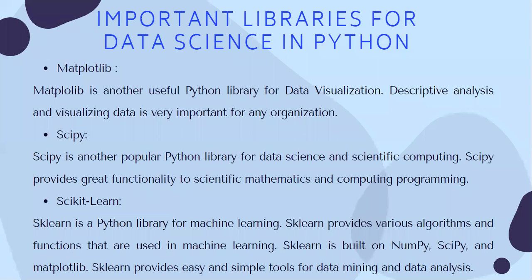Scikit-learn, also known as sklearn, provides easy and simple tools for data mining, data analysis, and machine learning. So it is a good-to-go language if you are thinking of going into data science or the development side.